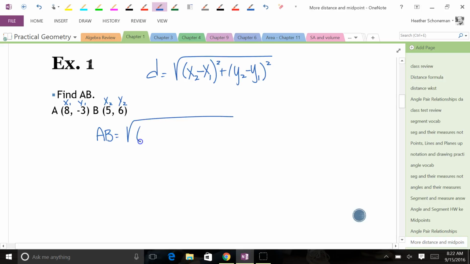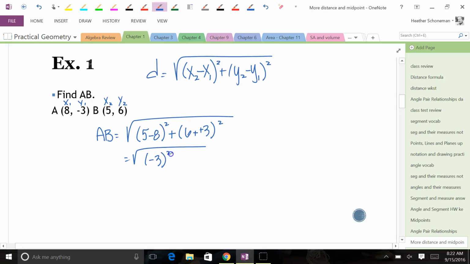AB is the square root of x2 minus x1, so that's 5 minus 8 squared, plus y2 minus y1, so that's 6 minus negative 3 squared. And minus a negative became plus a positive, right? So 5 minus 8 is what?